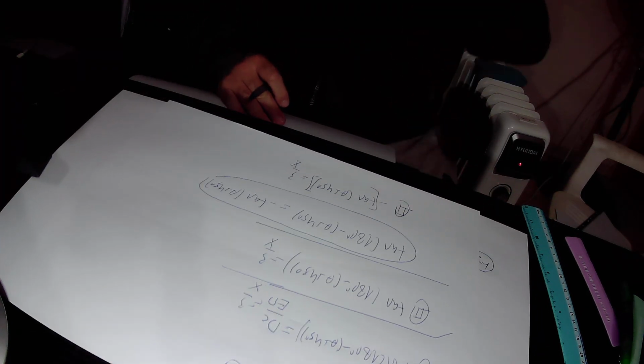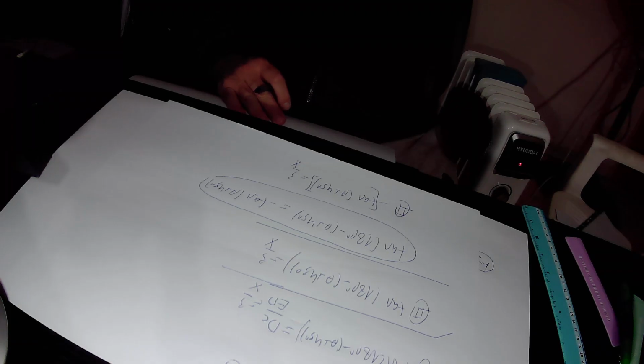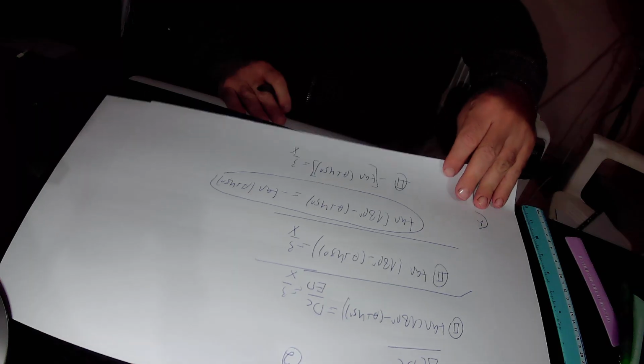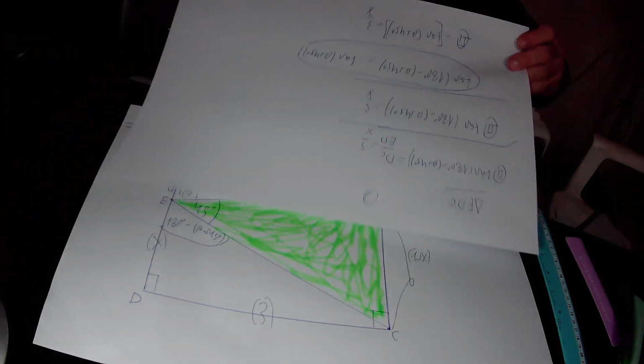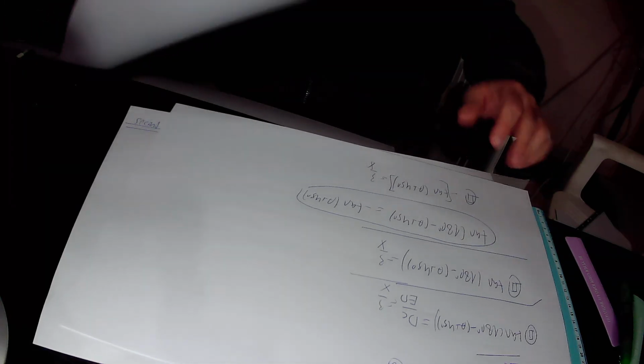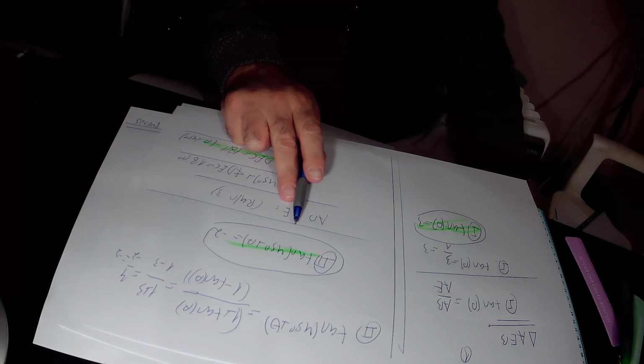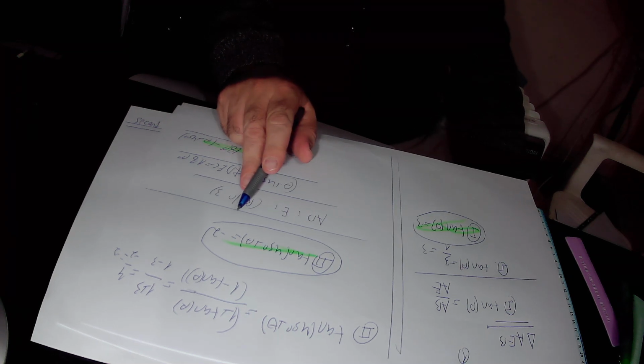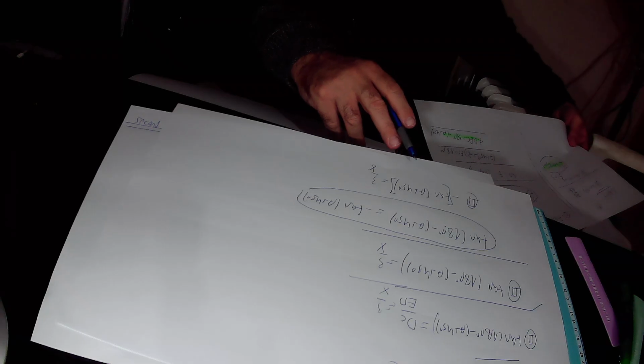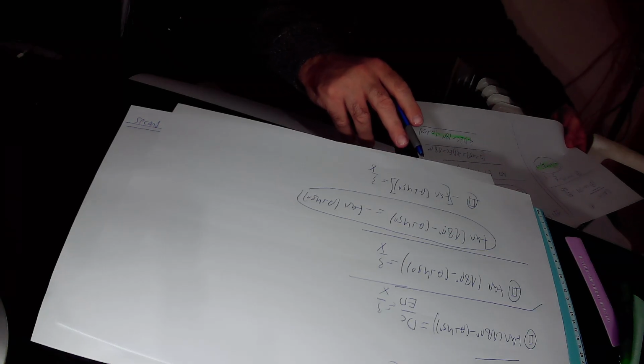Again, according to equation 2, minus tangent of (theta plus 45 degrees) equals 3 over x. But we already found out that tangent of (45 degrees plus theta) equals minus 2.